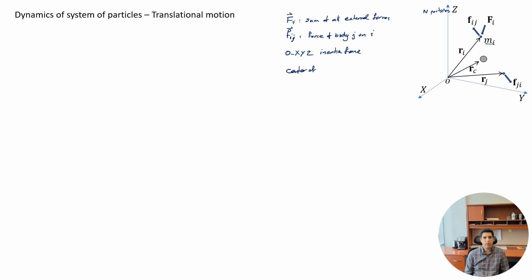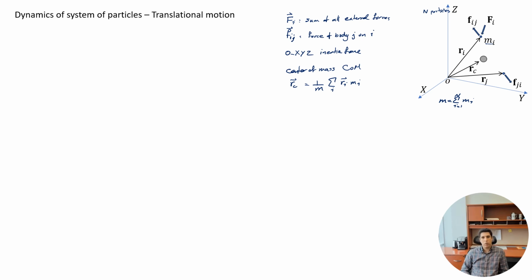Center of mass, often I abbreviate it as COM, and its location is 1 over M, where M is the total mass, M equals the sum of mi, i equals 1 to n. So Rc is 1 over M, sum of ri mi, sum over i.